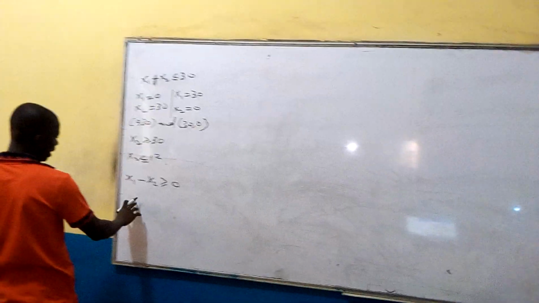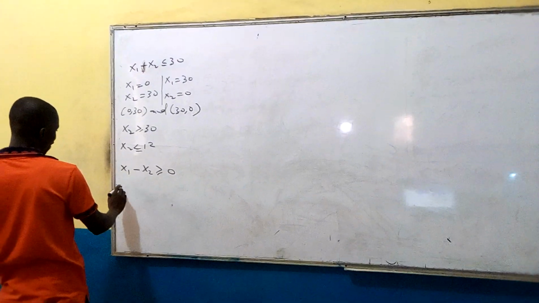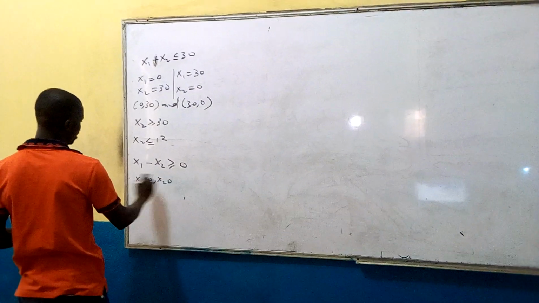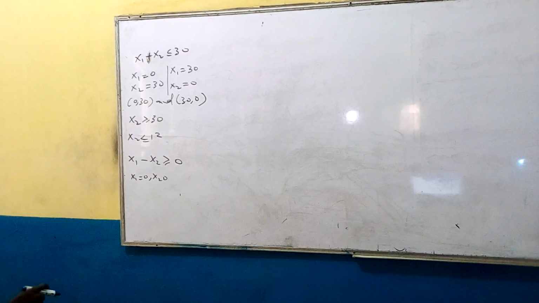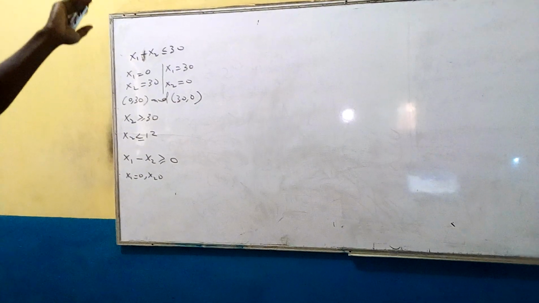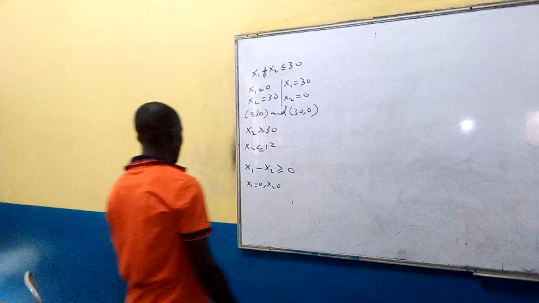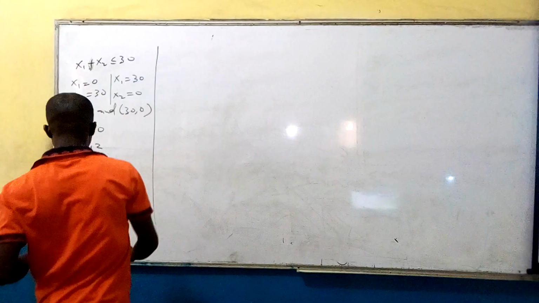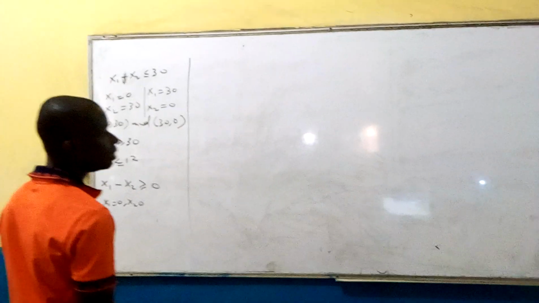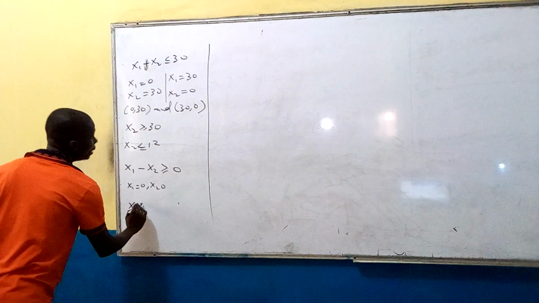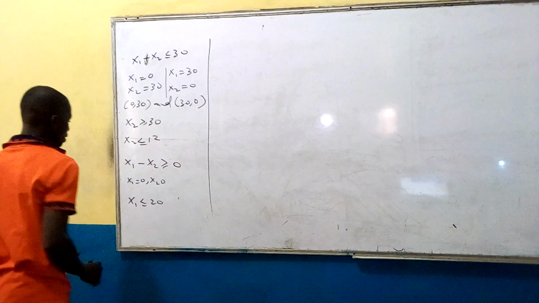And so we know that when x1 is 0, x2 is also 0. So we'll be looking at the 45 degrees line through the point 0, 0, the origin. And the last one is x1 should be less or equal to 20.